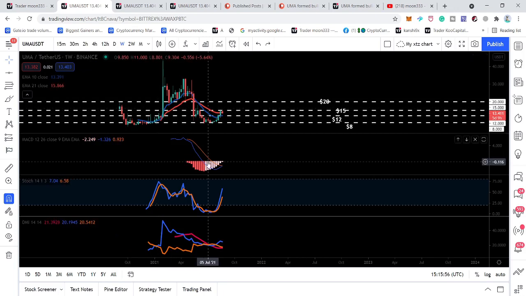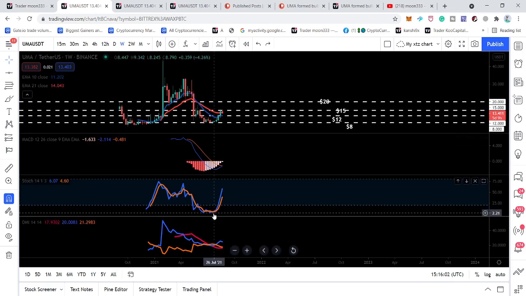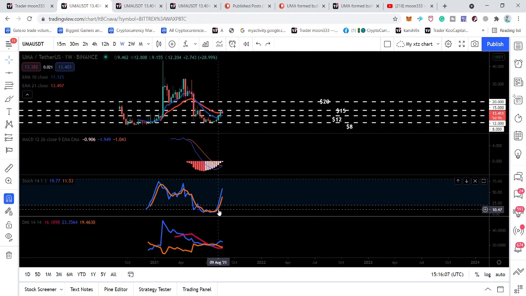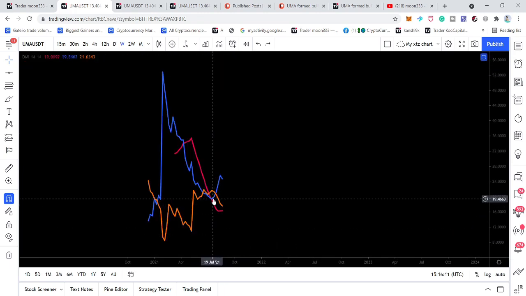Now, if we switch back to the US dollar chart, the UMA with US dollar pair, then we can see that we have again received these buying signals. We have received the buying signal here by the stochastic from the oversold zone. This blue line has crossed up this orange line, and again this directional movement, this blue line has crossed up this orange line.